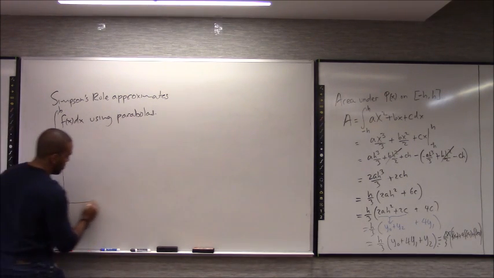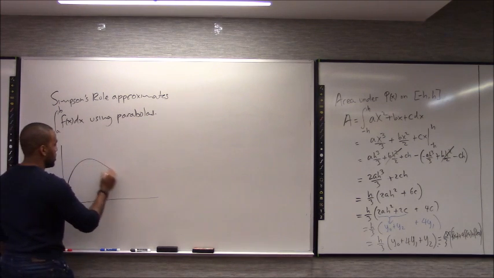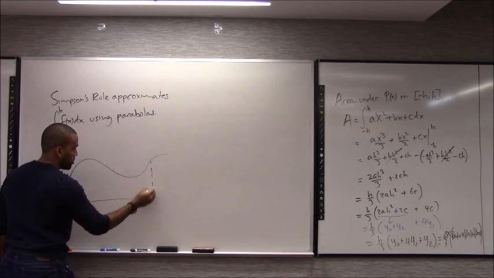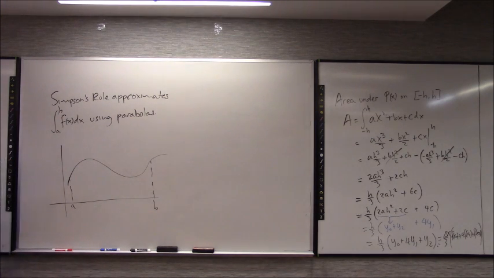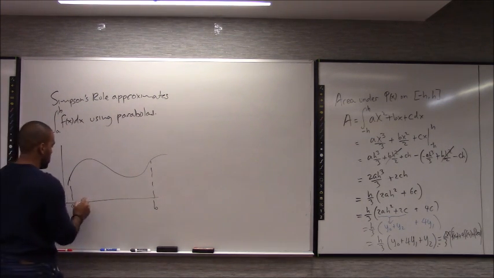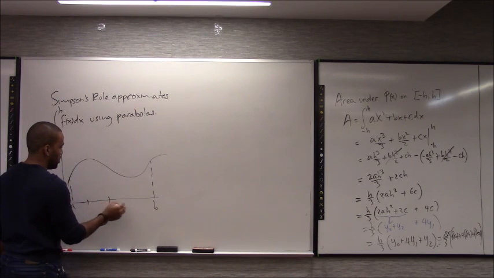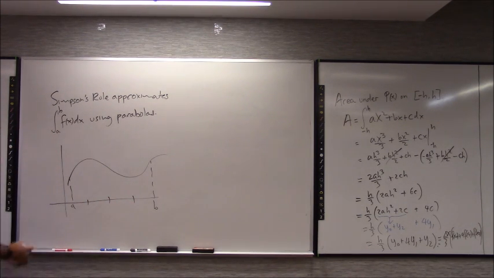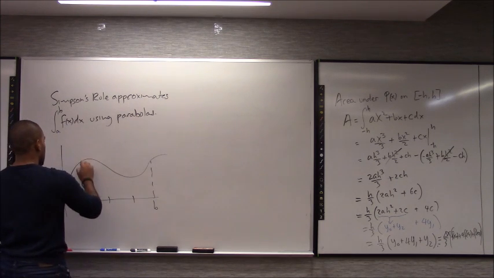So if we have some function doing its thing on a, b, what's going to happen is Simpson's rule is going to dissect this guy. It's going to create some points.